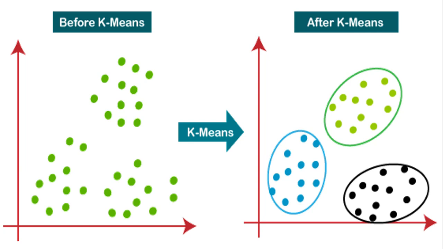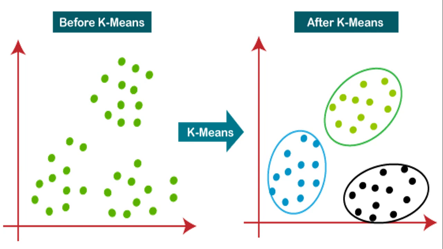After applying K-means, we have grouped circled images. We have black circled shapes, blue and green.